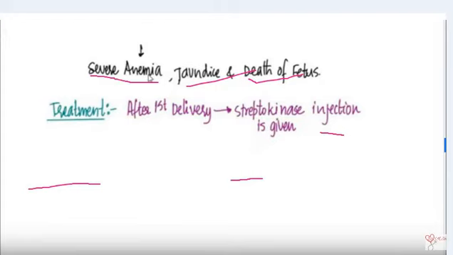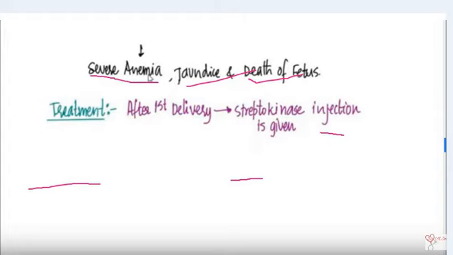During the delivery of the first child, some maternal blood is exposed to a small amount of Rh positive blood of the fetus. Then Rh antibodies start being produced, and the mother produces antibodies against the Rh positive blood of the fetus.